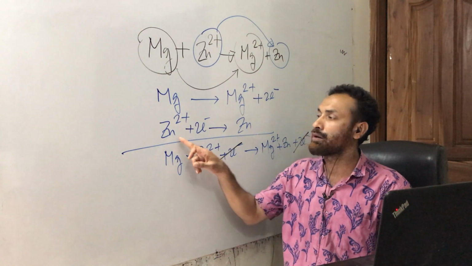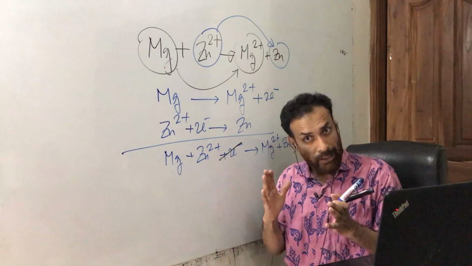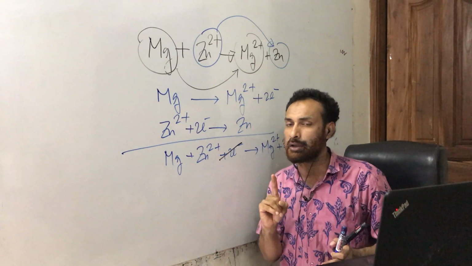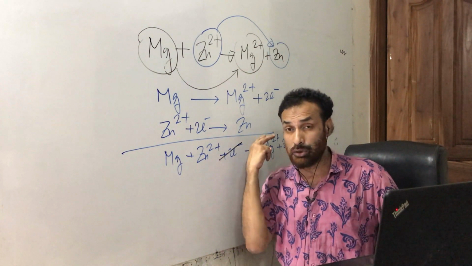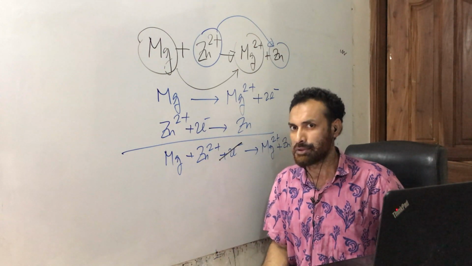And you get the same thing for the zinc ion. What does it do? It just gains electrons. Its function is just gaining electrons. But for gaining electrons, it gets two identities or two roles. One is that it's reduced.